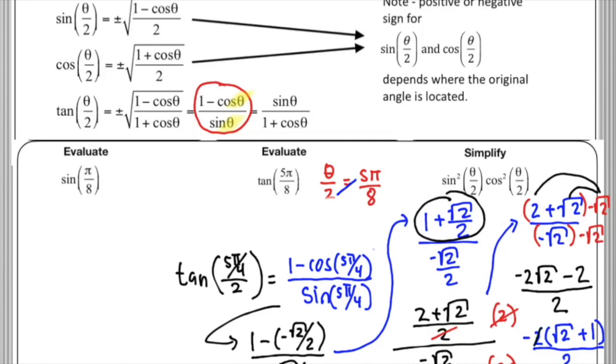And now that goes out, and at the end of the day, I should have this guy as my solution. Okay, wow, lots of arithmetic there. So, again, if you plug this into your calculator, you should get the exact same results.